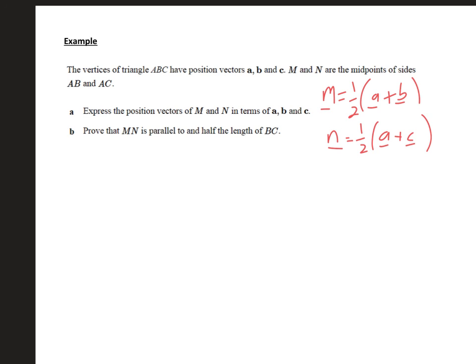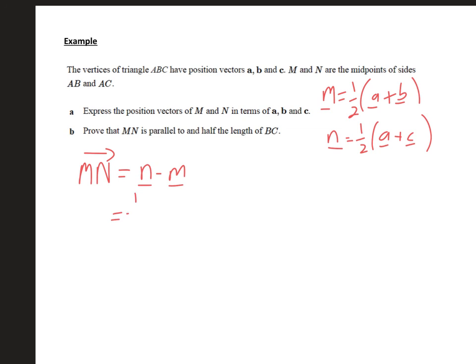Done. Prove that MN is parallel to and half the length of BC. Well, let's work out what MN would look like. That would be n minus m.